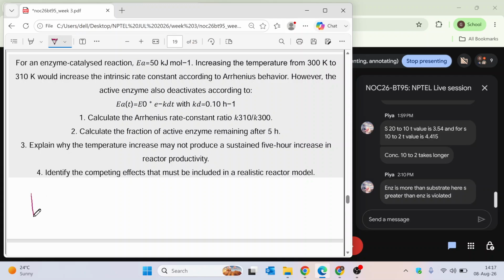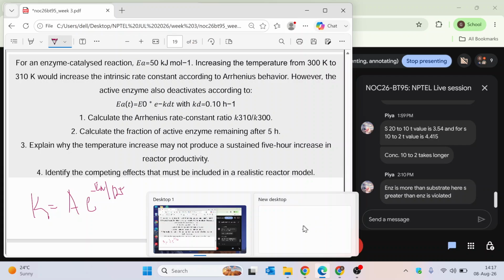I hope you know the basic Arrhenius equation, that is k is equal to A e power minus Ea by RT. So this is the basic equation, but in our case what we would need is very simple.